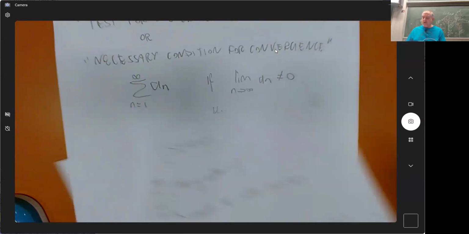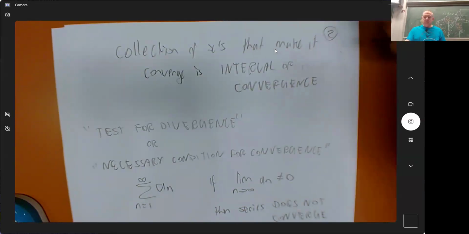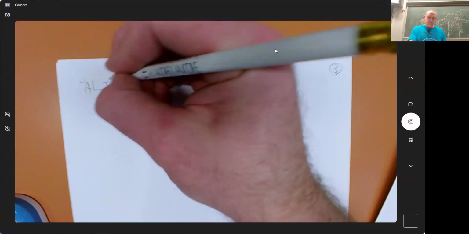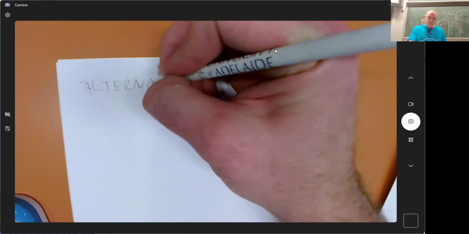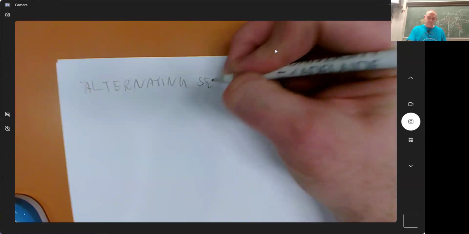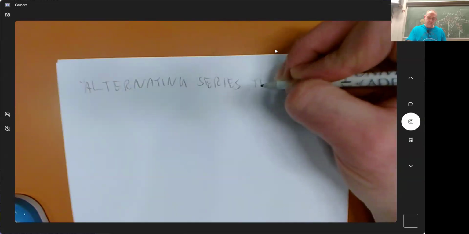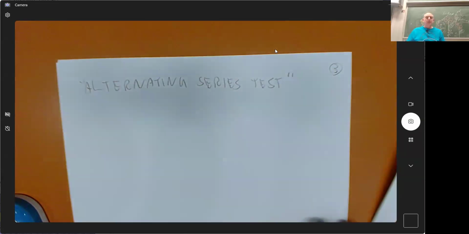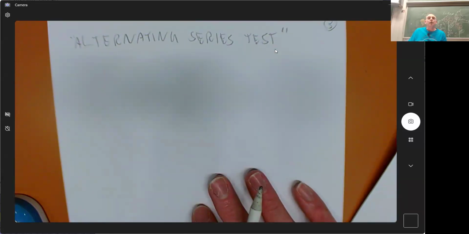And then the next rule is the alternating series test. And that only works if you have an alternating series. And in an alternating series, the terms switch back and forth between positive and negative.